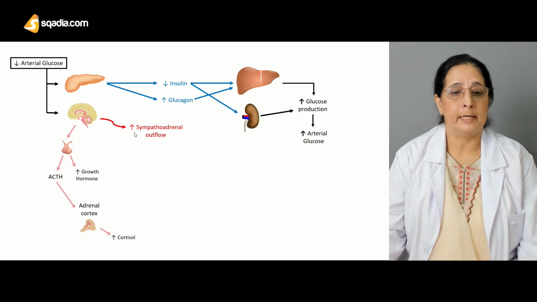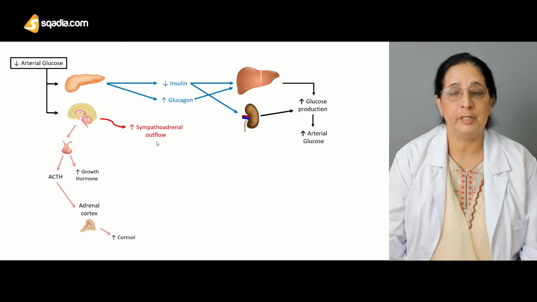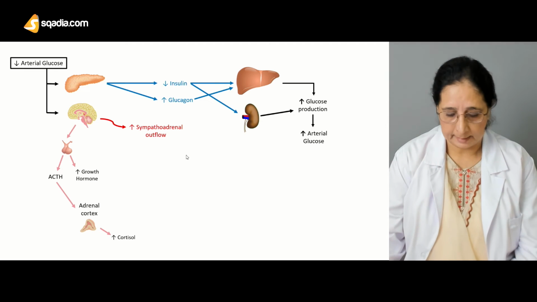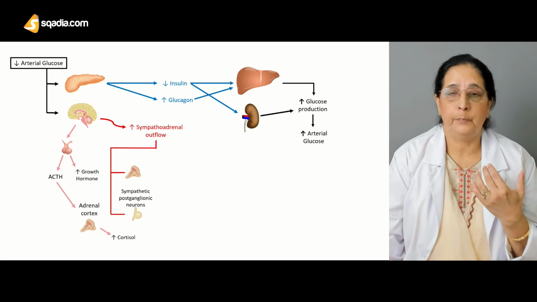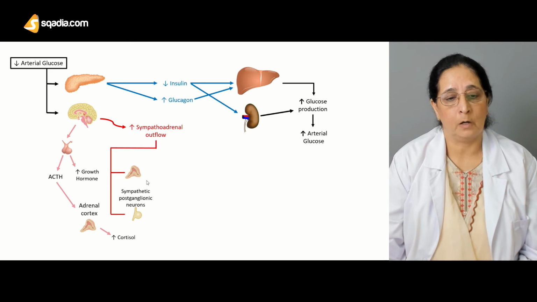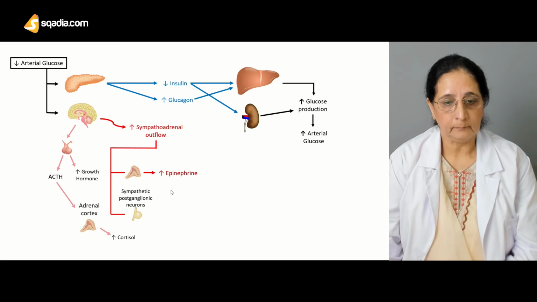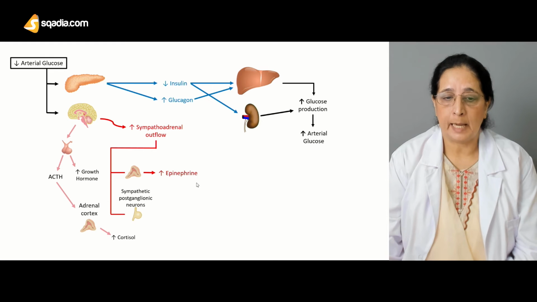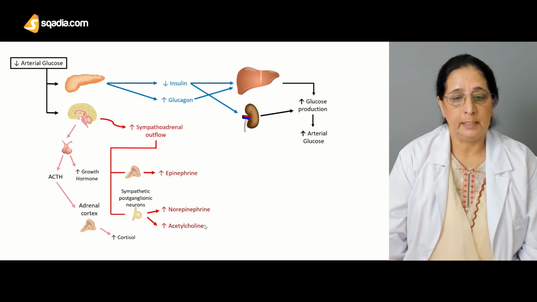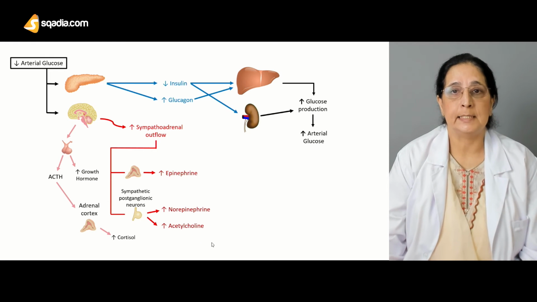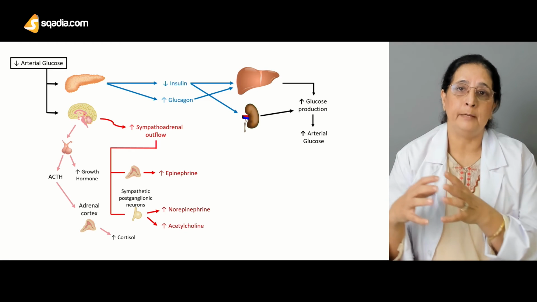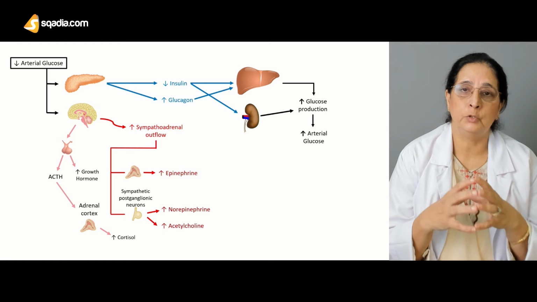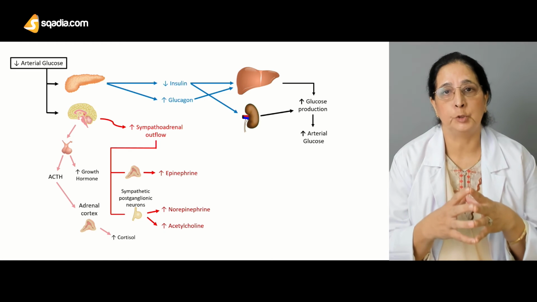The other is by increasing the sympathoadrenal outflow. This outflow acts on the sympathetic postganglionic neuron, and it also acts on the adrenal gland, which causes increase in the epinephrine level, increase in the norepinephrine, and increase in the acetylcholine. So on the brain, if you notice, we have two main mechanisms that work to bring the blood glucose back to the normal.